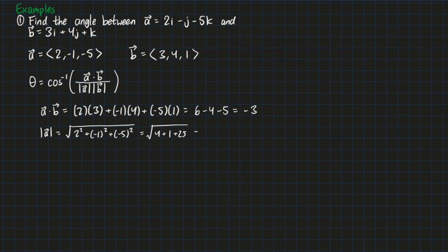So this should end up being radical 30. And then for the magnitude of b, the square root of 3 squared plus 4 squared plus 1 squared. This ends up being 9 plus 16 plus 1. This is going to be radical 26.